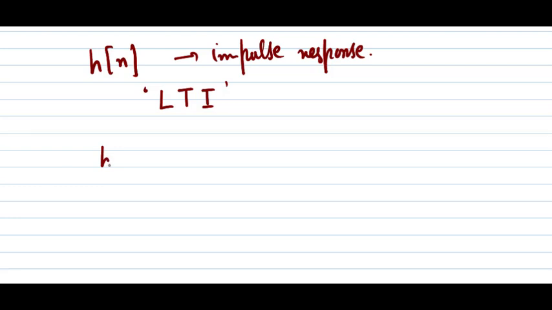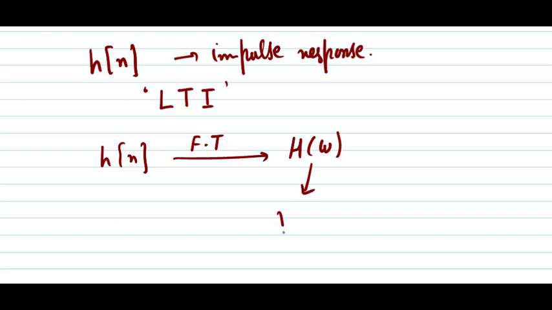If we take the Fourier transform of this impulse response, we get capital H of omega. This is the frequency response of our LTI system, where omega is a variable which represents frequency.